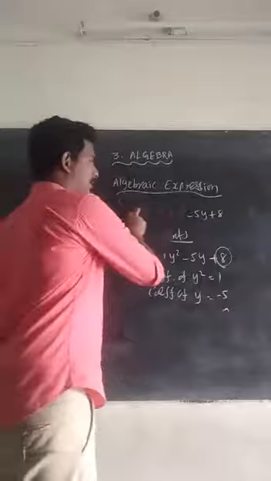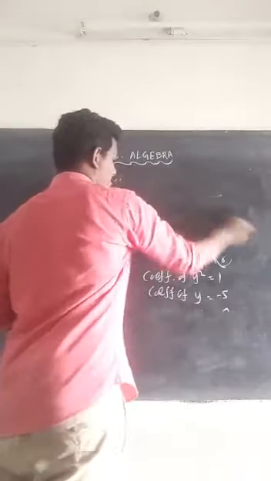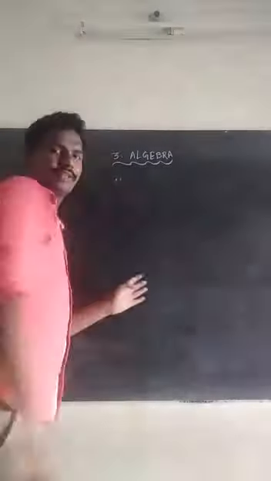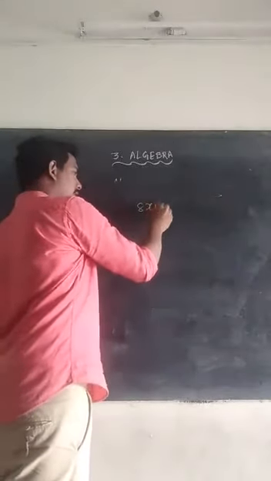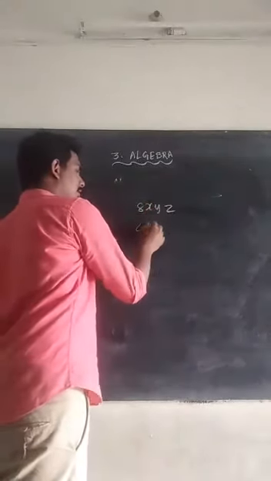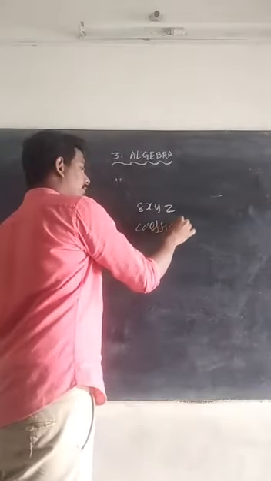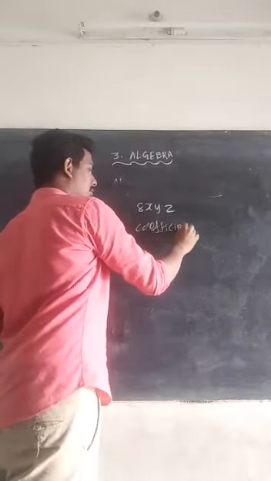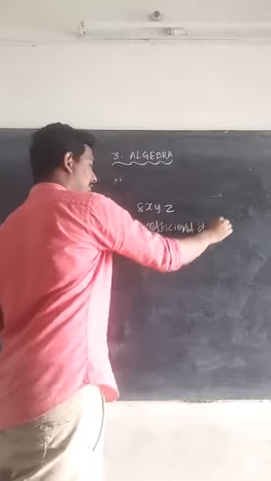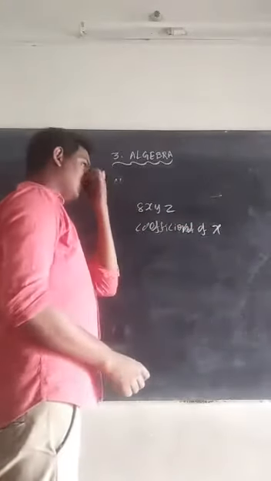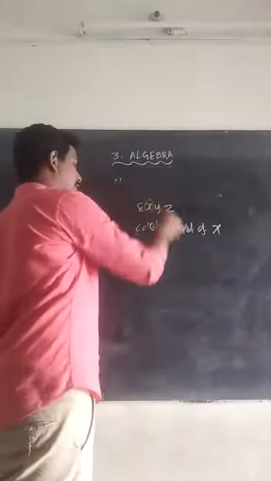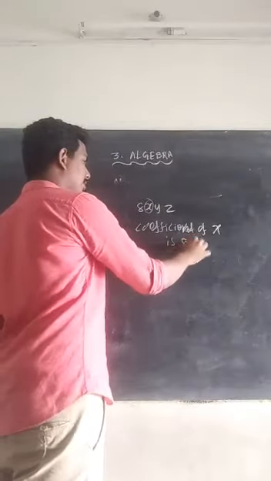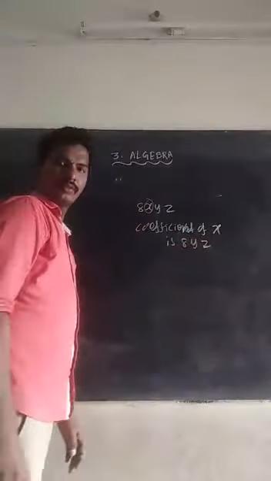Okay. Next, coming to coefficients, I am giving another example: 8xyz. What is the coefficient of x? If they ask for the coefficient of x, keep x alone aside, and the remaining is 8yz. Okay.